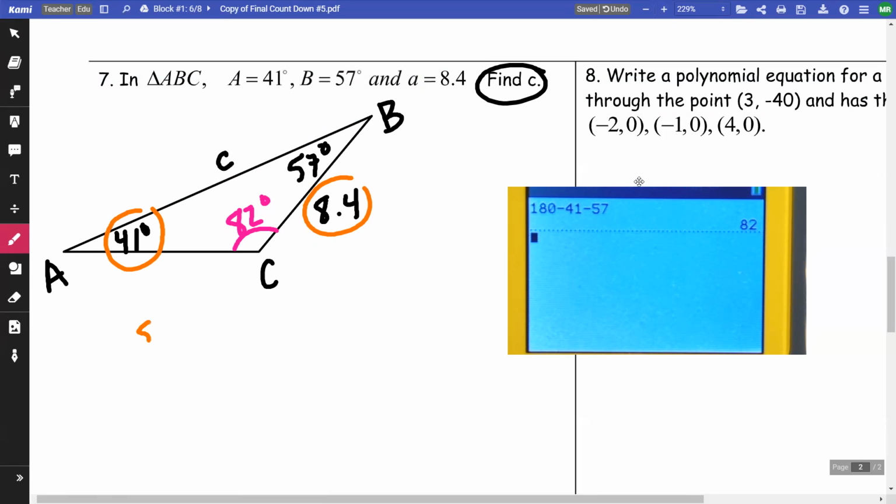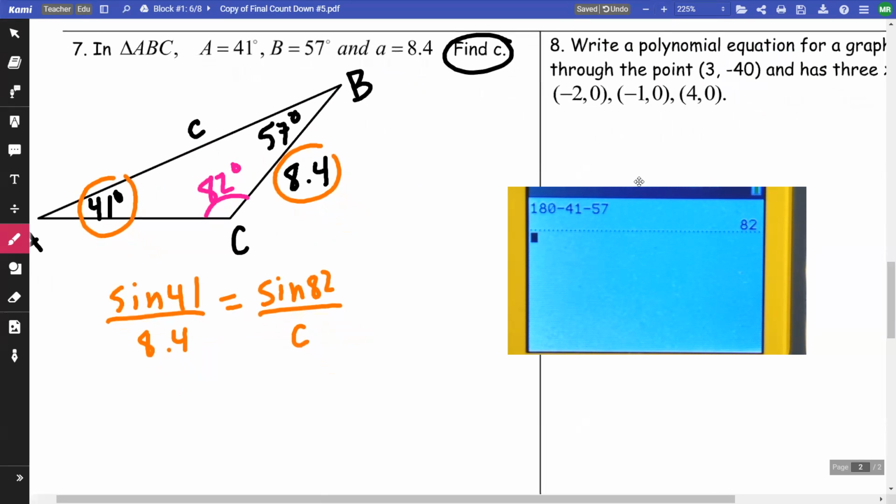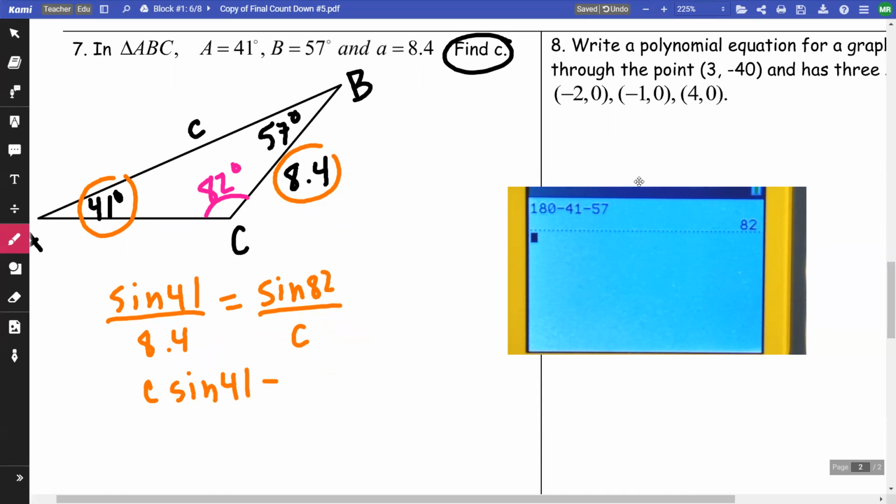So I'm going to do sine of 41 over 8.4 equals sine of 82 over c. I'm going to cross multiply. I'm going to get c sine of 41 is equal to 8.4 sine of 82. I'm going to divide both sides by sine of 41.